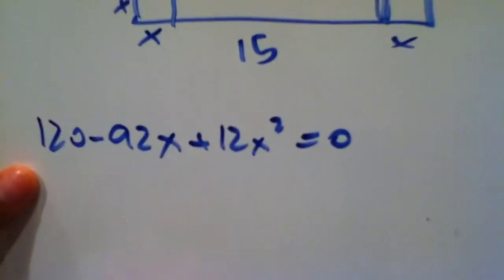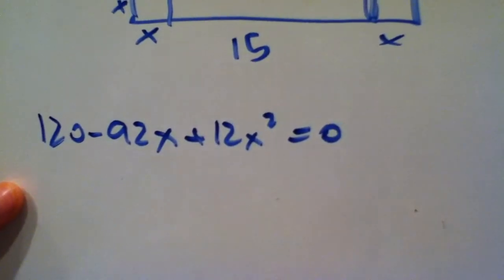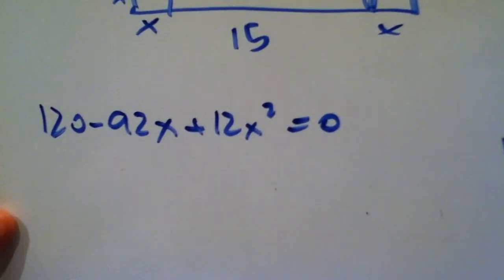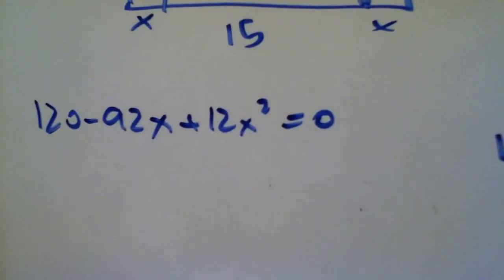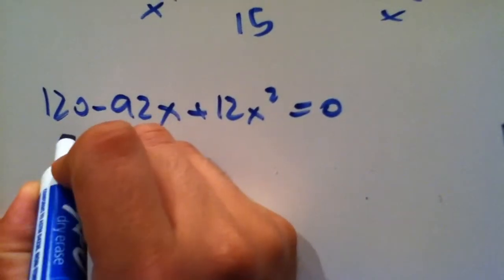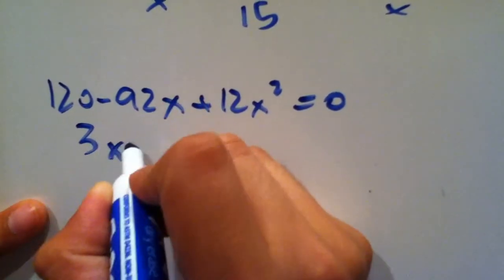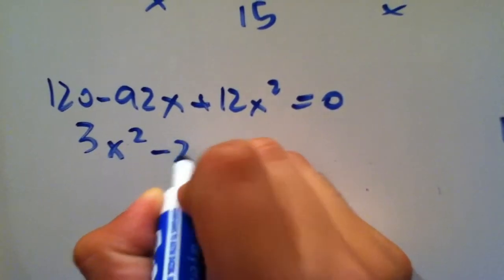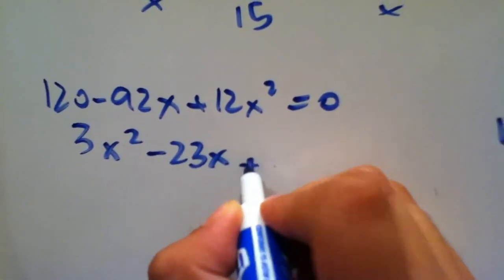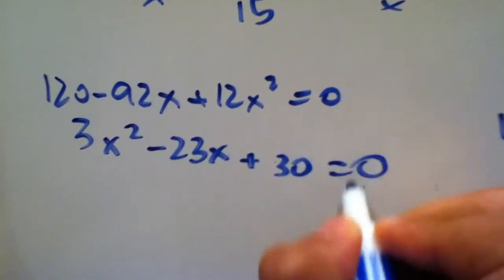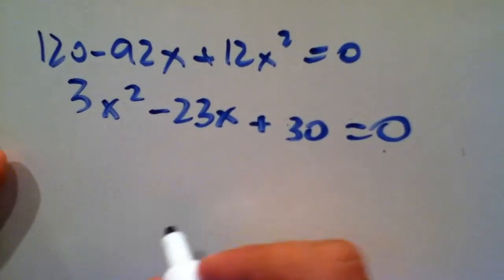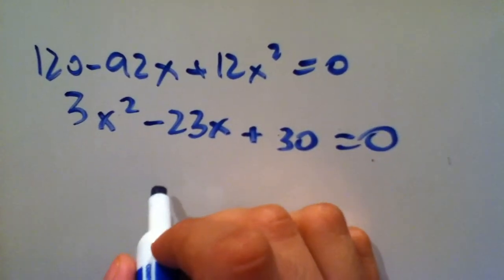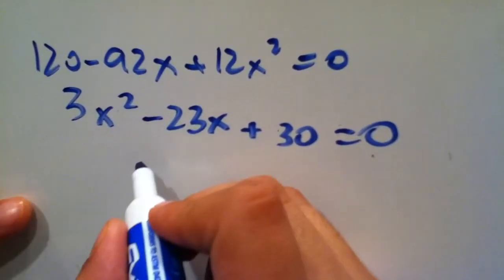Let's simplify this and divide each of these terms and the other side by a common factor, which in this case will be 4. So you divide everything by 4 and you get 3x squared minus 23x plus 30 is equal to 0. And now you can solve it, and you can use the quadratic formula. So it's minus b plus or minus the square root of b squared minus 4ac over 2a.